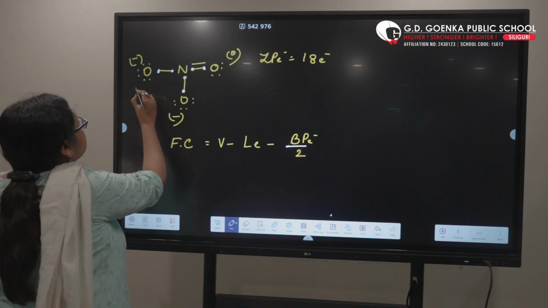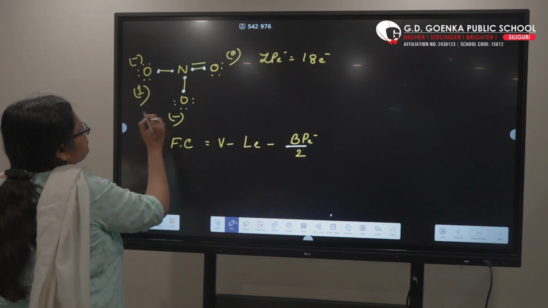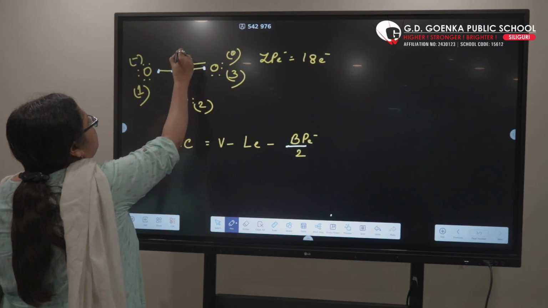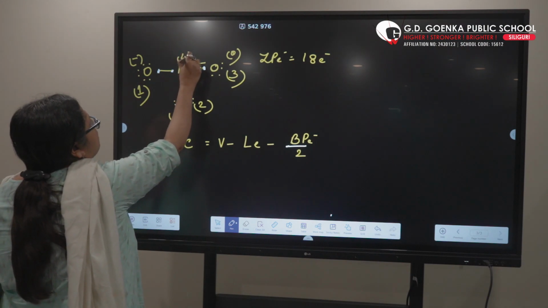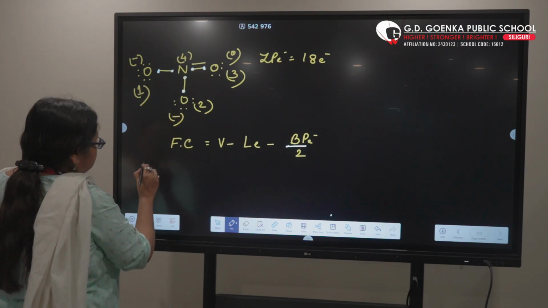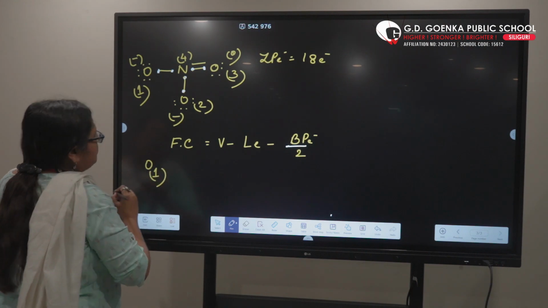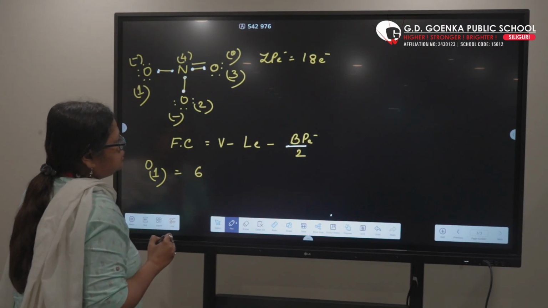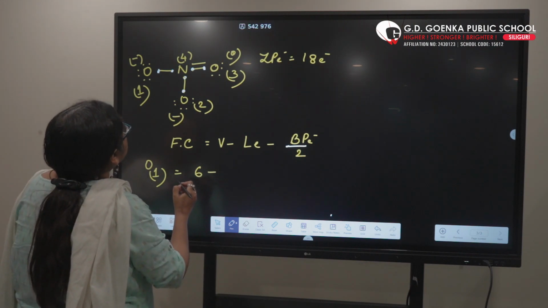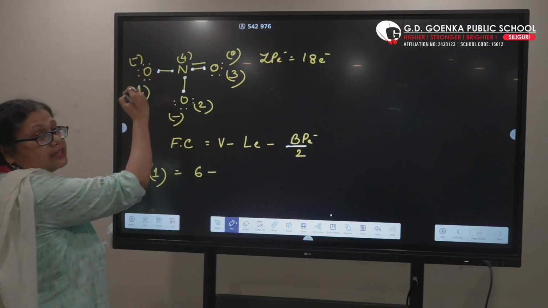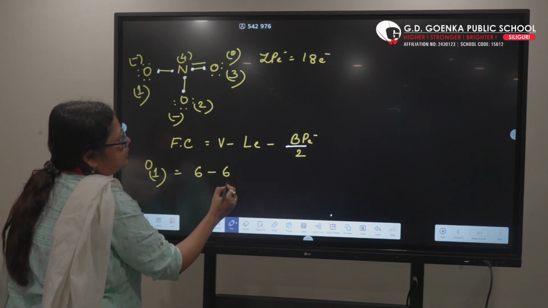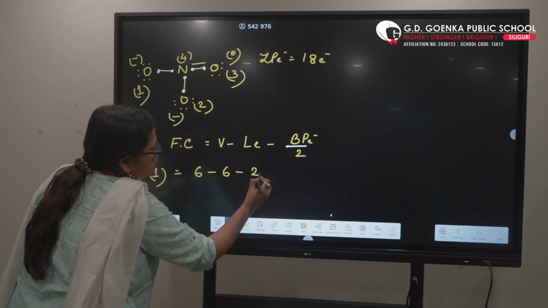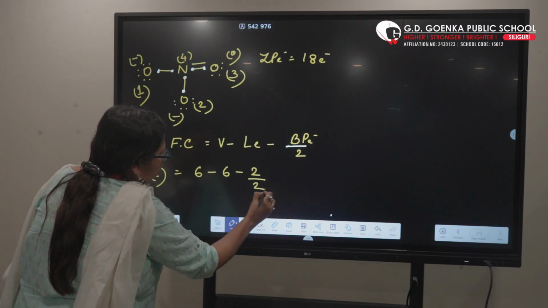So first let us take this oxygen atom, oxygen 1, oxygen 2, oxygen 3, and definitely for nitrogen also, nitrogen 4 we can take. So for oxygen 1, the oxygen on the left, the valence shell electrons of oxygen is 6, minus lone pair of electrons. Lone pair of electrons on the left oxygen, it's 6 only, minus bond pair of electrons, one single bond, so it's 2 by 2.